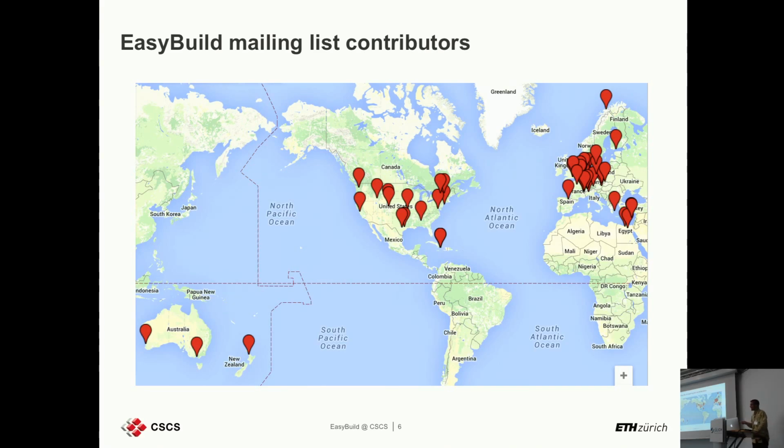And I think it is a great work that has been done by the developers to create such a community, because, okay, it is mainly based in Europe, but it spreads across the ocean, and it gets even to Australia and New Zealand. So I think it's a great achievement. Then I don't know how many of them usually use EasyBuild in production, but at least they contribute to the mailing list, so it means they are interested at least in that, and that's, I think, a good sign.